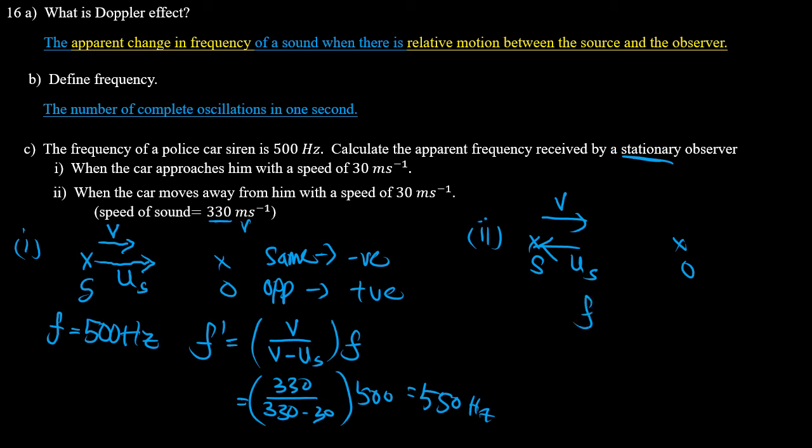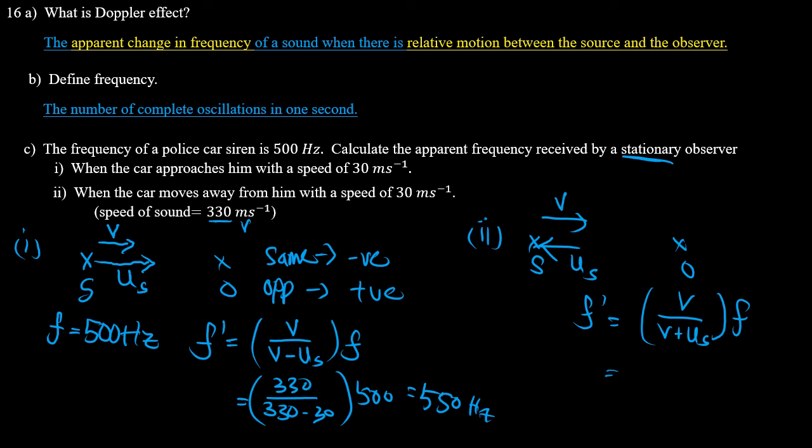So in other words, to calculate your apparent frequency, it will be f' = V over (V plus Vs) times f. Plus, because you have your V and Vs in opposite directions.